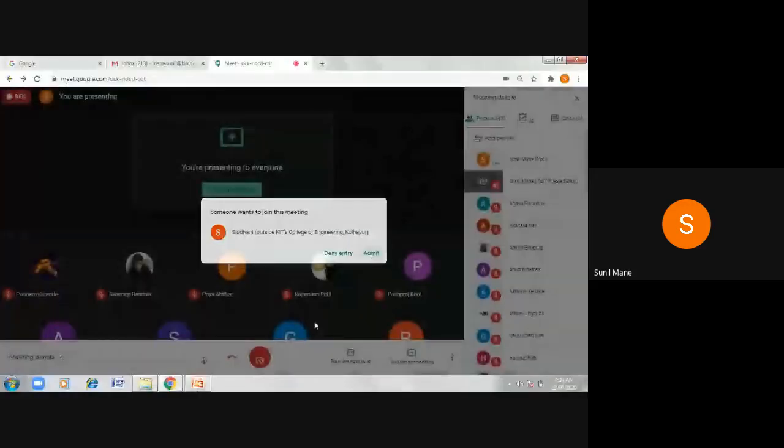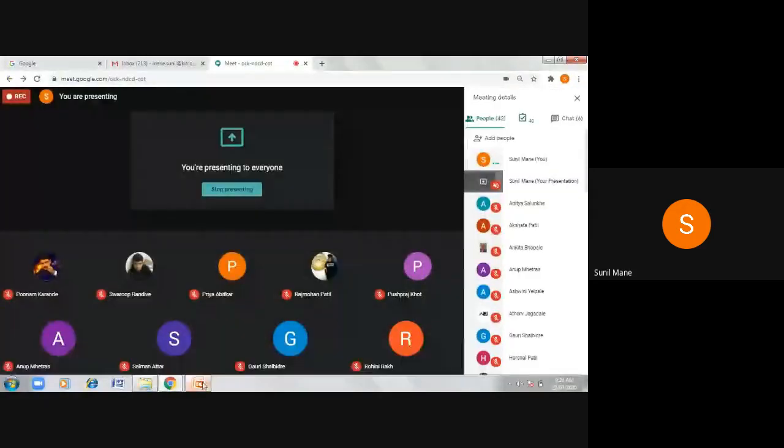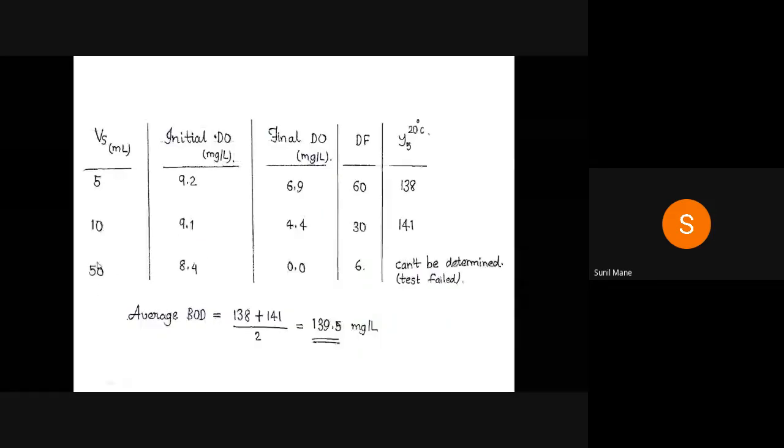In the third one, we are going to add 250 ml of distilled water and 50 ml of wastewater. Likewise, these various combinations we have done, and again the sewage or wastewater is the same. We are just varying the dilution factor. We can even take the whole sample also, but right now the three samples have been prepared.